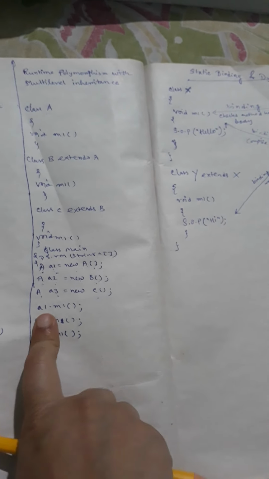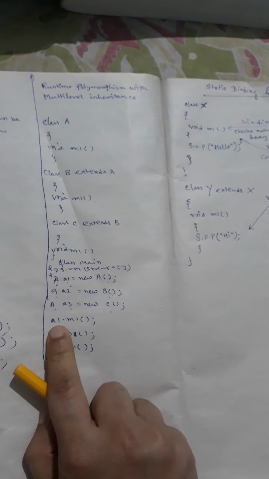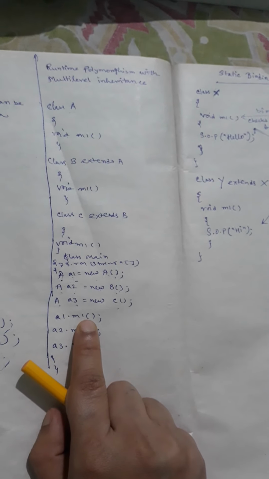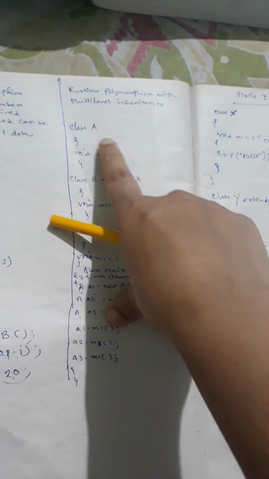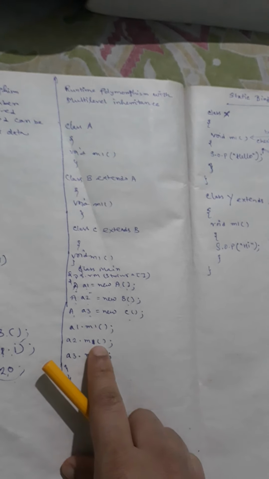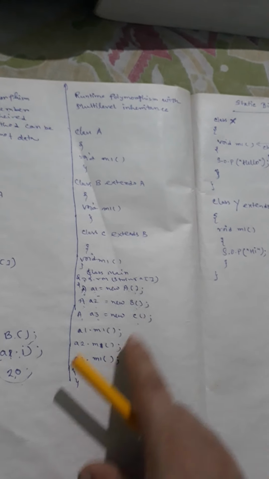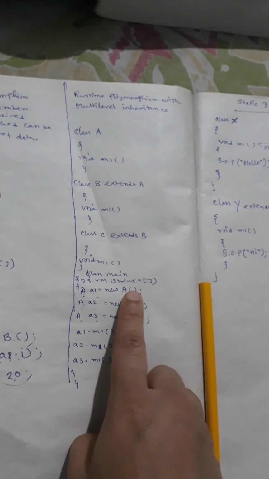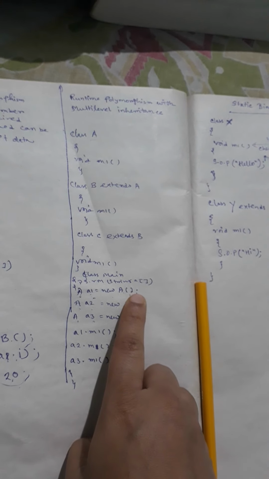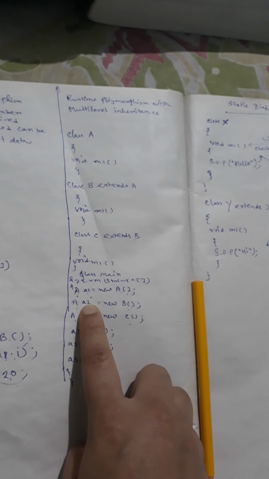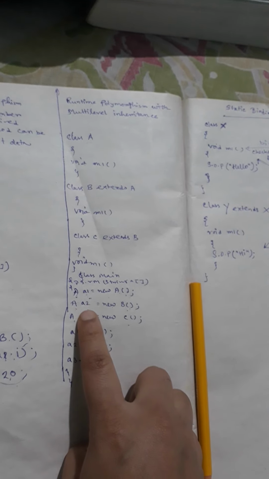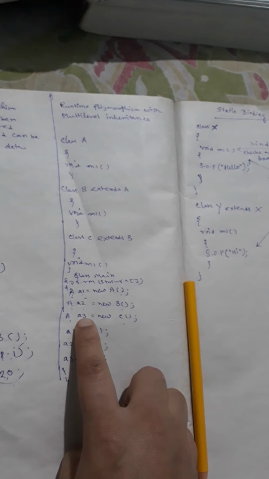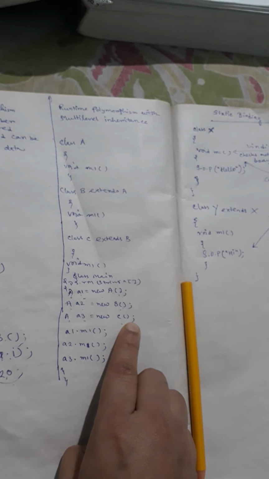So using the reference variable we call the m1 method of constructor A, m1 method of constructor B, m1 method of constructor C, because a1 is the reference variable of A class with the constructor of A. a2 is the reference variable but the object of the B constructor. a3 is the reference variable but the object of the C constructor.